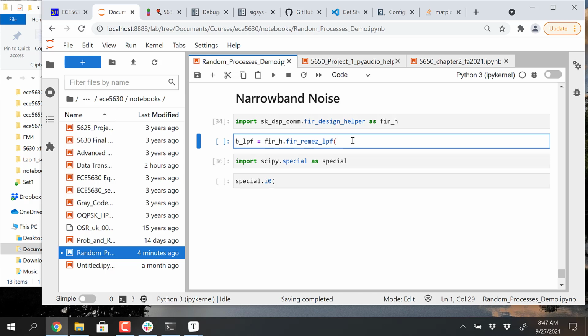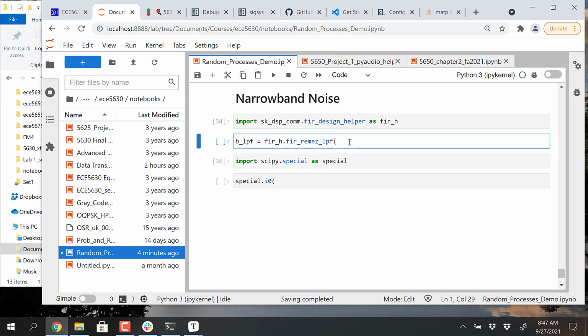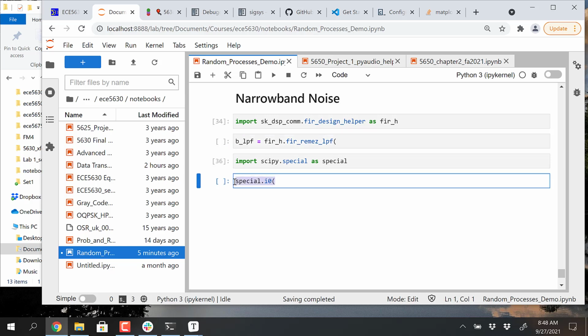I was going to use the package that I have, FIR Design Helper, and I was deciding to use Remez, and I was just going to build up a bandpass filter, and then I was going to build up a low-pass filter to synthesize the low-pass components, and then I was going to put some Gaussian noise into it, and then just look at the envelope, and then look at the scaling of the noise in the baseband form and in the RF form.